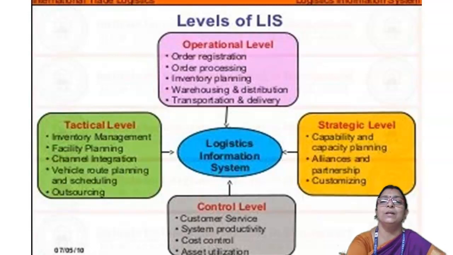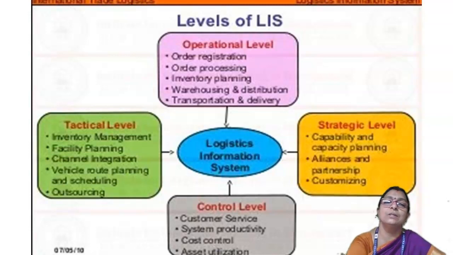Transportation is a major cost element in logistics. So vehicle routes are planned to have wider distribution coverage to minimize the per unit transportation cost.